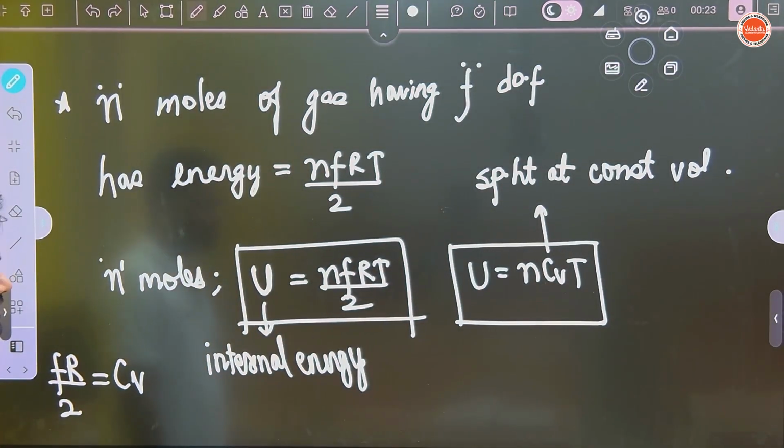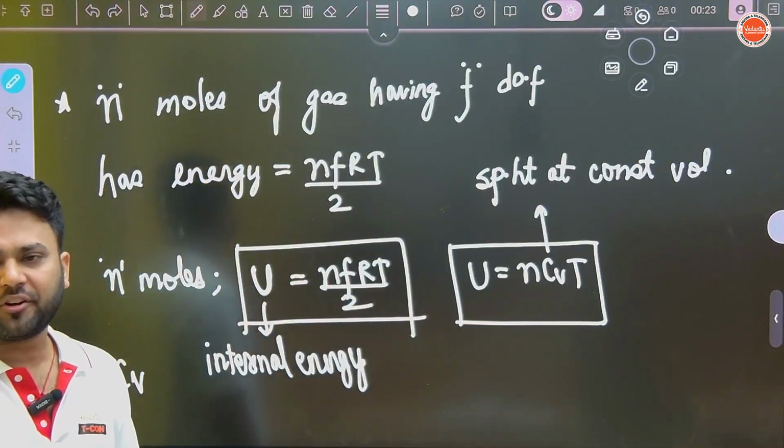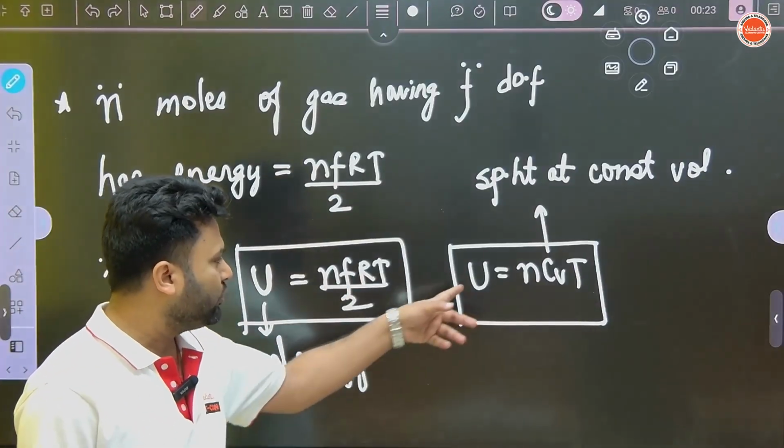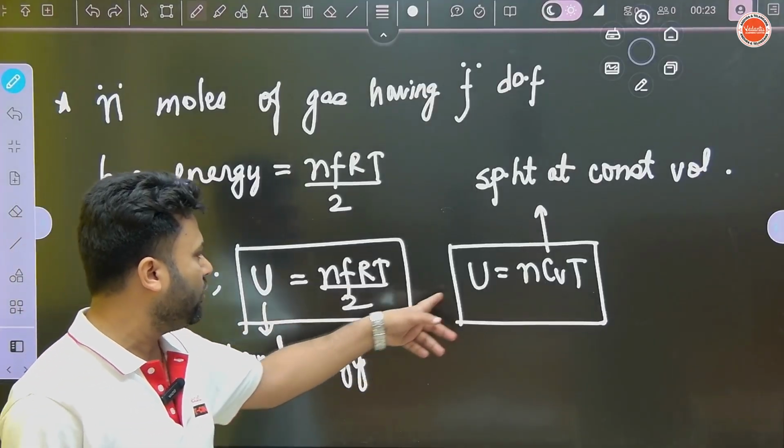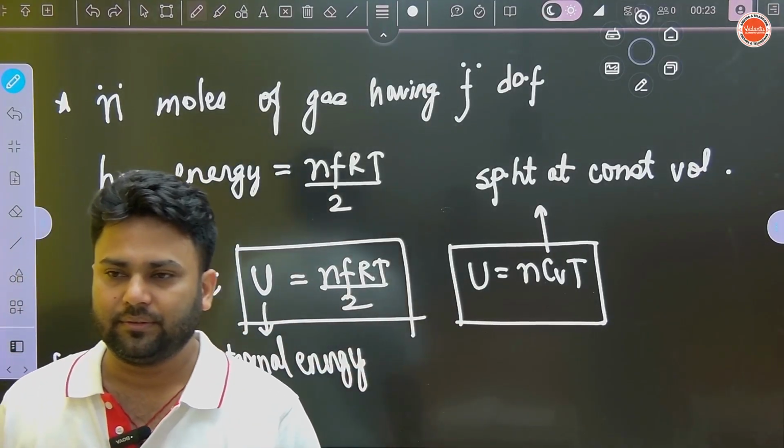So these two formulas are very important: U equals n f R T by 2 or n Cv T. Correct?